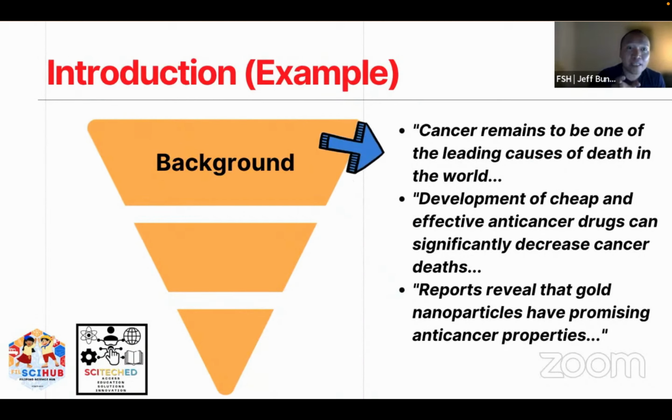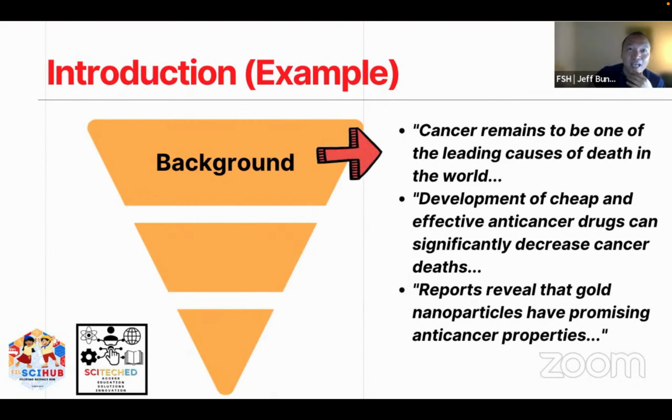And then from anti-cancer treatment, you're narrowing it down to a specific class of anti-cancer agents, which are nanoparticles. So diba, within your first couple of paragraphs, nafo-focus na yung attention or yung topic onto a specific area. Yun po yung ginagawa natin dyan. At yun din yung dapat ituro sa mga estudyante nyo na baka mamaya ay broad concept tapos mag-narrow down tapos babalik na naman sa broad concept.